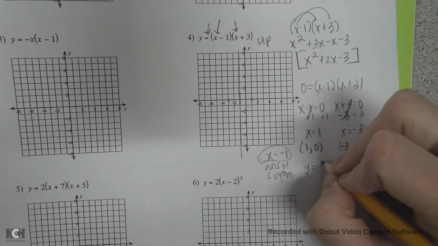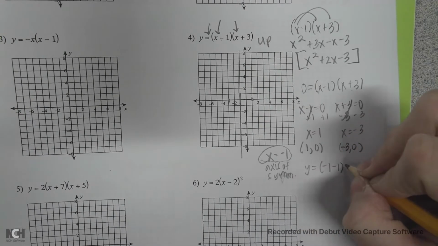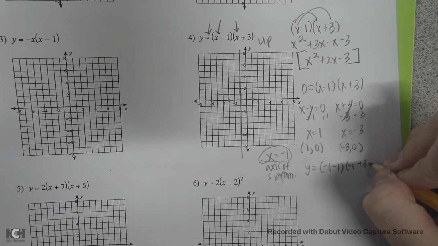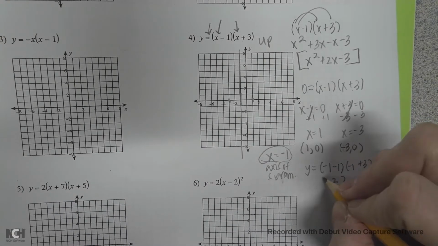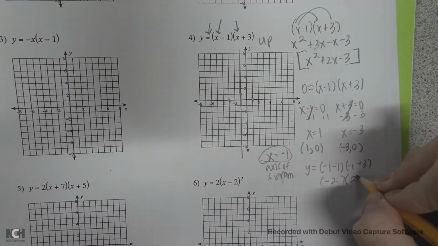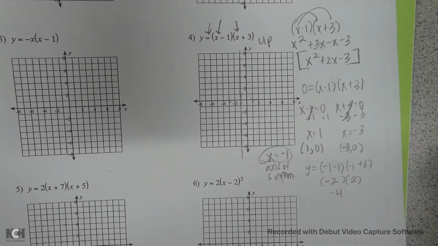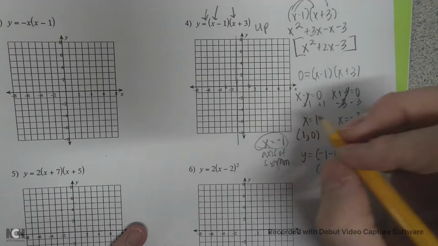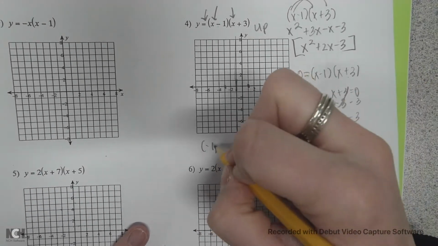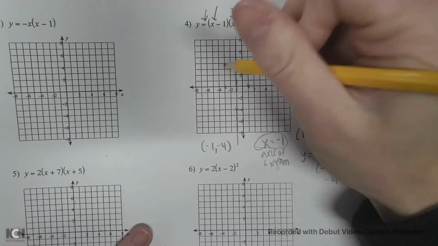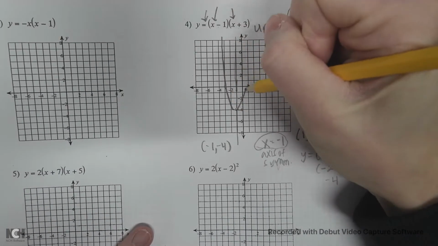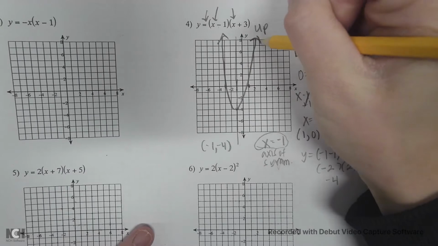So we have y equals negative 1 minus 1, negative 1 plus 3. So that's negative 2, and we have 2, which is negative 4. So our vertex will be at negative 1, negative 4, here, and then it'll go through these guys like that. So there we go.